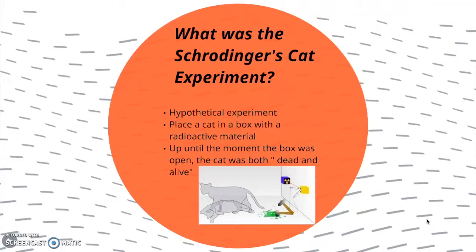So this does touch a little bit on quantum entanglement, as it's said that you could have two cats in two boxes with radioactive chemicals and then literally put them on different sides of the universe, and their fates would kind of entwine, where instead of there being a chance of both cats being alive or both cats being dead, only one cat can be alive and one cat dead, or vice versa, where one cat is dead and one cat is alive.